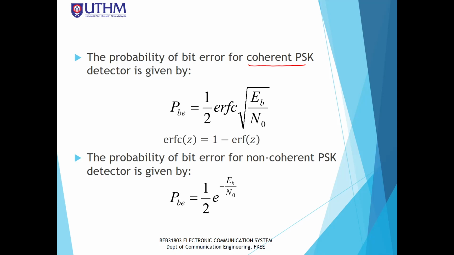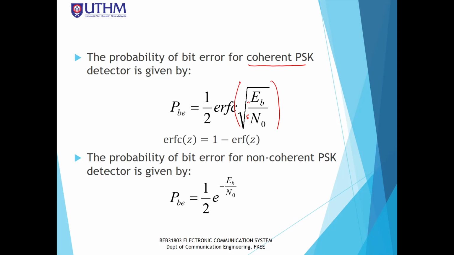PBE is equal to 1 over 2 erf square root of Eb over N0. So what's the difference? There is no 2 over here. Remember, for ASK and FSK we have 1 over 2 Eb over N0. Now there's no 1 over 2 inside. Previously there was 1 over 2 Eb over N0, and now there's no 1 over 2.